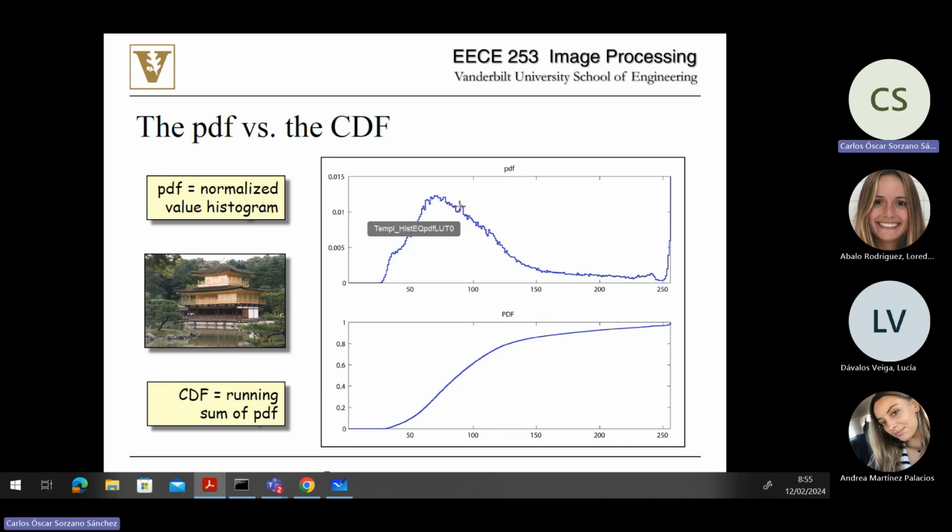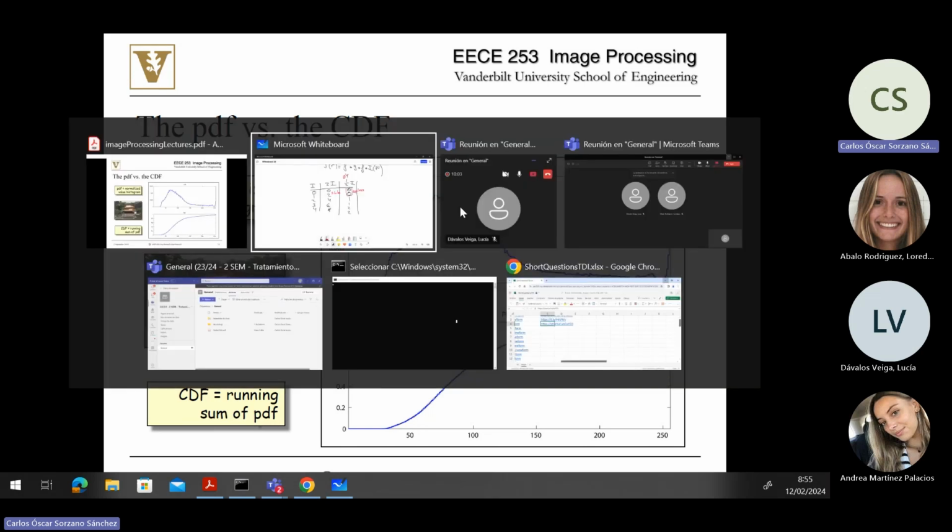It is called that because we have divided by the total number of pixels. So this is not a histogram anymore, but it is a normalized histogram if you want. And the CDF, the cumulative distribution function, is the addition up to a particular point. So you can just remind us.